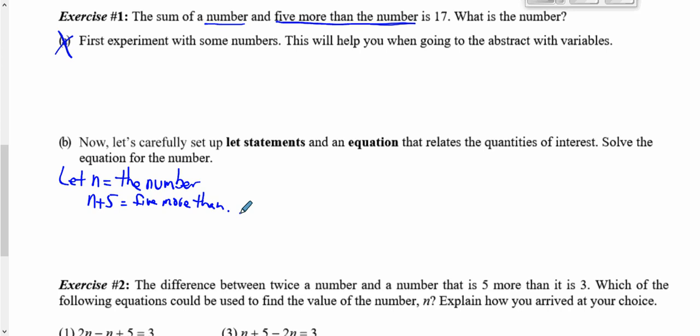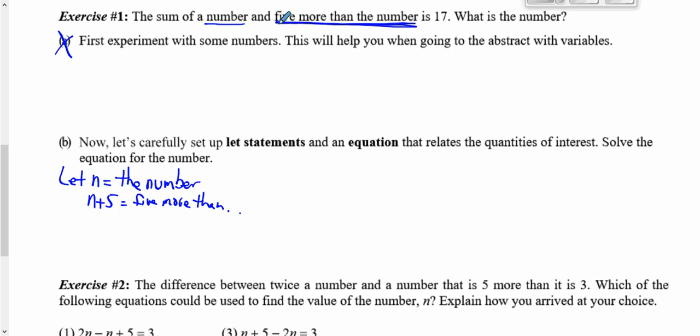So we want the sum of a number and 5 more than the number. So what do we write there, children? We're adding 2 things together. What are the 2 things we're adding? N and n plus 5. Not 5. We're adding the number and this entire 5 more than the number.